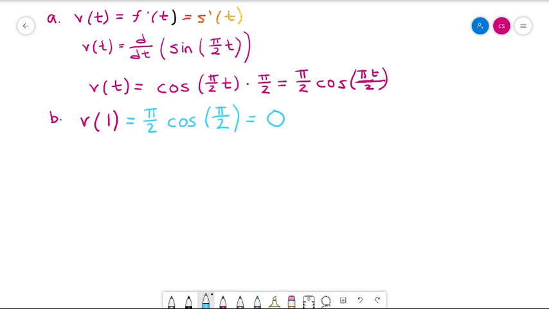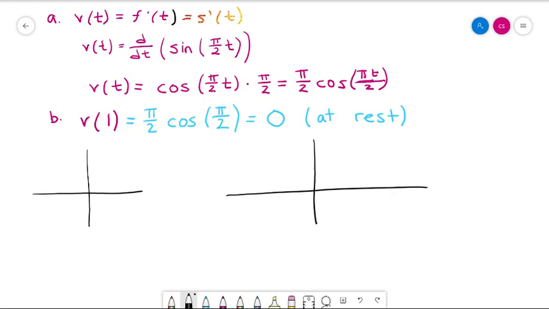Okay, so that's interesting. But remember, this just means that at this time, the function is just at rest. All right, and if you wanted to do just a quick sketch, very rough sketch. I'm not even really going to include a scale, but our position function is sine of pi over 2t, right?